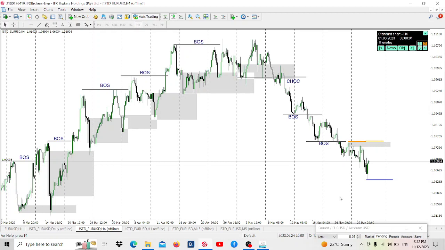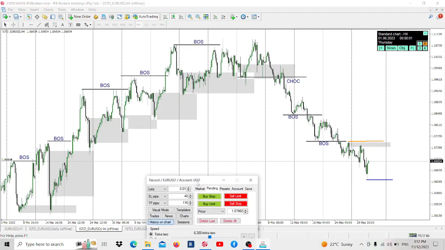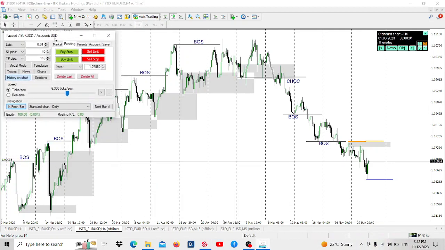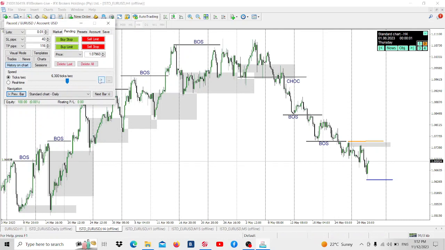We will get that on our next lesson, but let's focus on today, looking for a clear setup on what we've been learning, right? So on a 4 hour, let's just start by moving the simulation and seeing where the market will take us.